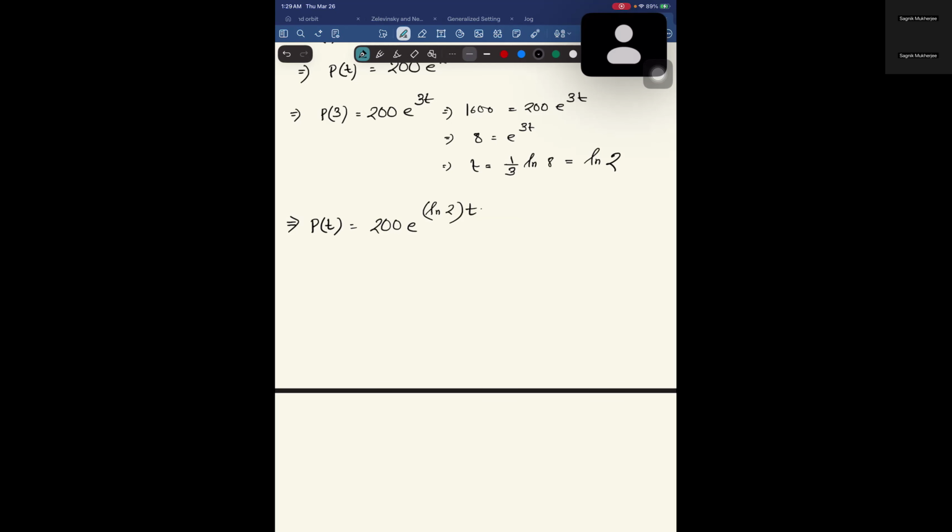Now, look at the question. The question says predict when the population size will be 10,000.